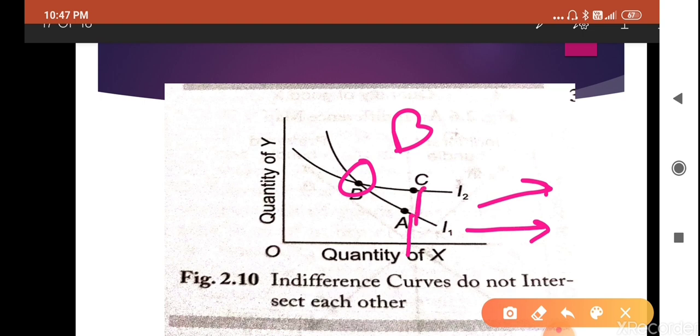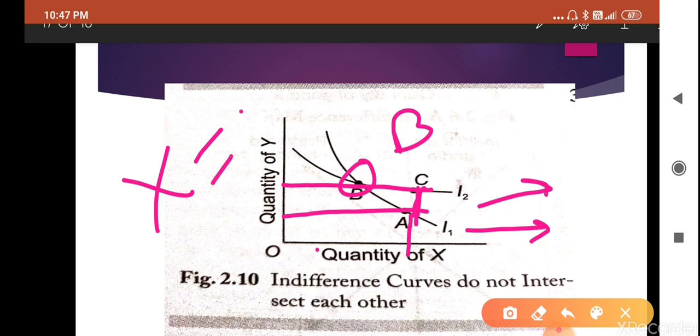So point A and C have about the same quantity of commodity x, on the same level of satisfaction, so x at A is equal to x at C, but for y, A is less than C, or C is greater than A. What does it mean?